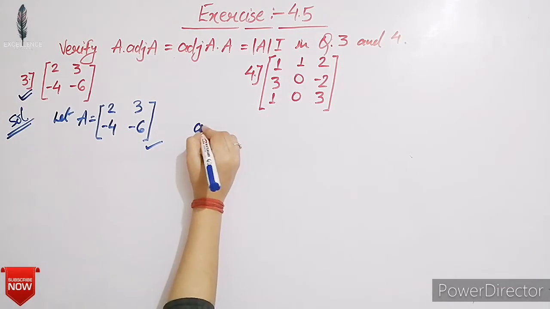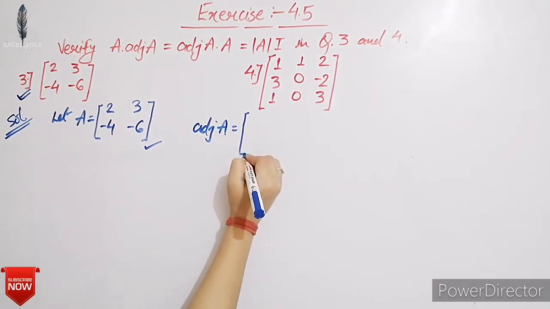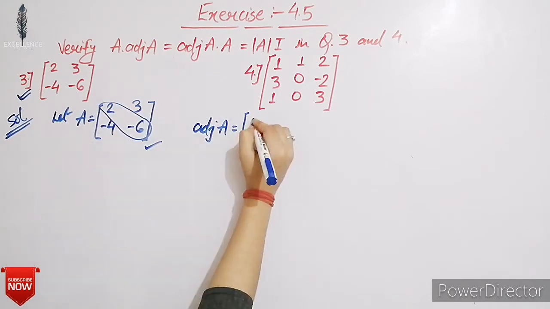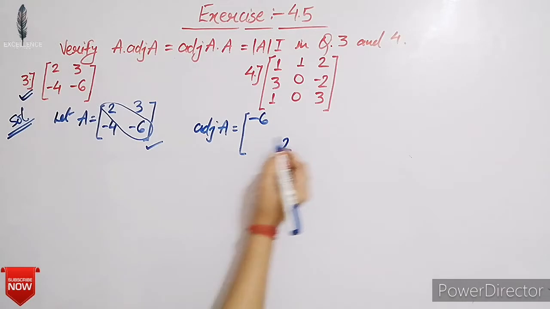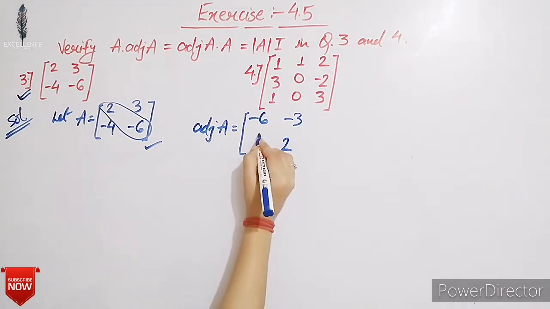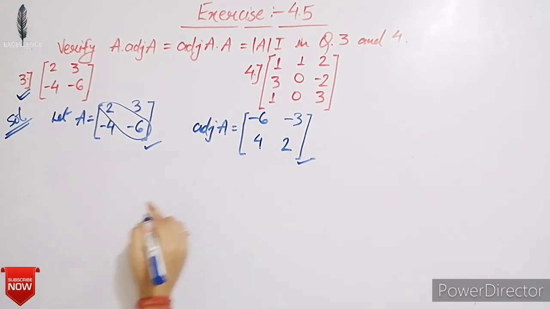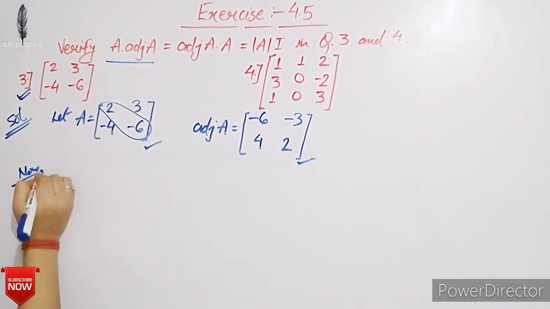Here we can use the short trick to find its adjoint. So adjoint of A is equal to, here interchange the elements, so here minus 6 and 2, and for these elements we have to change only sign, so here minus 3 and here positive 4. It is the required adjoint. But you must apply the whole process to find its adjoint.